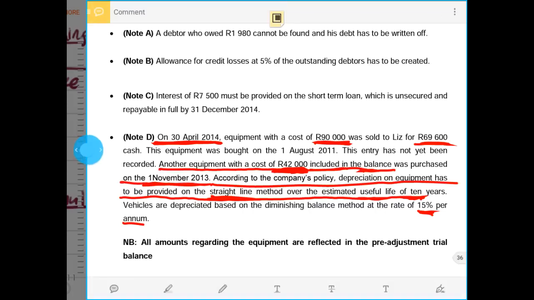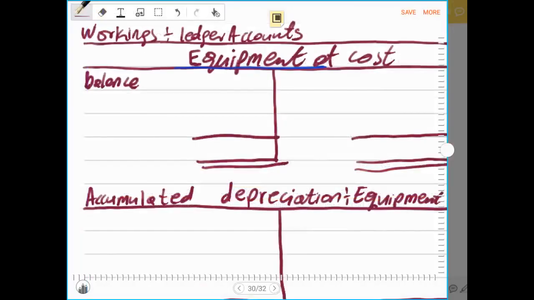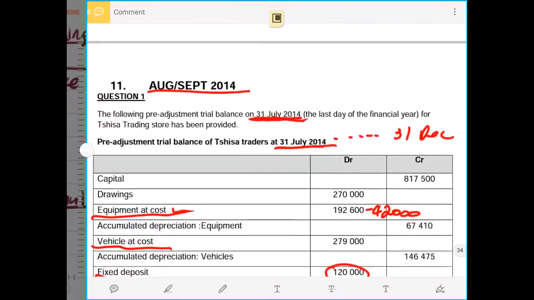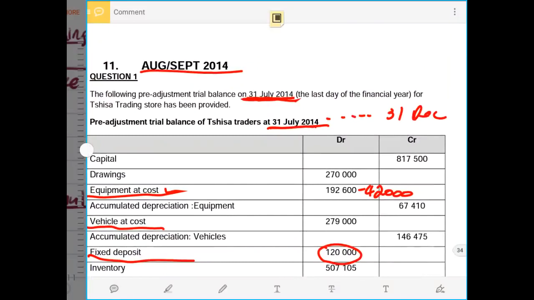So now it means when we are doing the opening balance, we have to say the 192,600 cost of the equipment minus 42,000 rands, so that we get the value of the equipment that was in the business before the beginning of the current year.